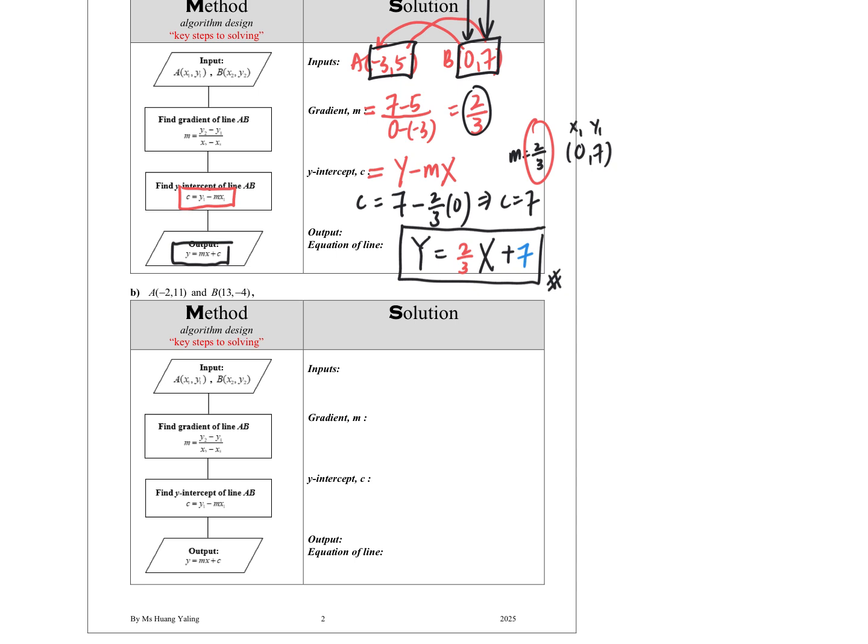What is it? It's not negative. What? Okay. Gradient is -1, y-intercept is -17 or 17.